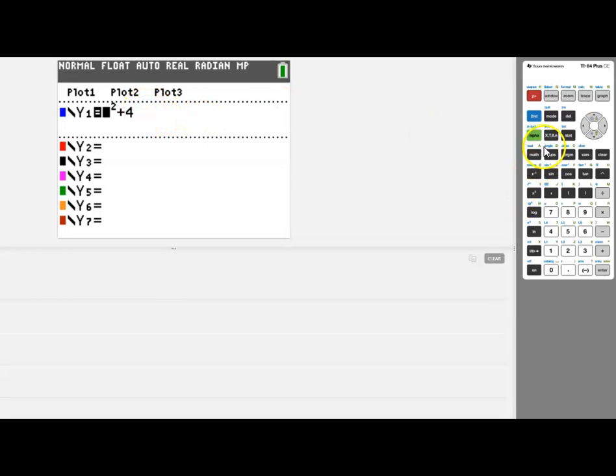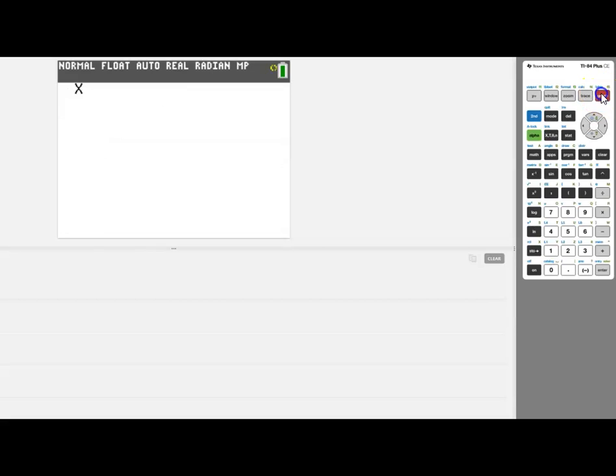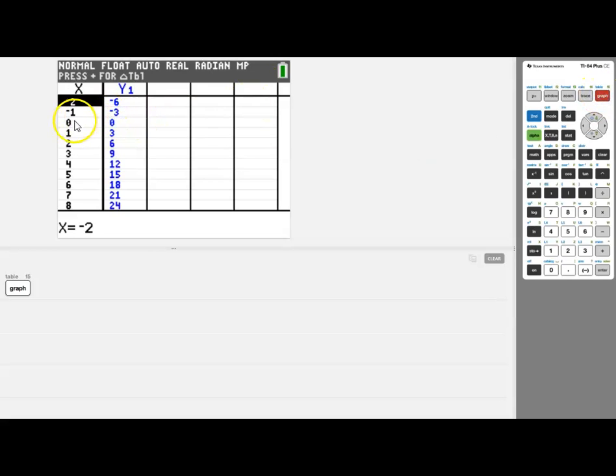We would want to clear this out, and I want to enter 3x. Now I want to look at a table of that, so I would go second graph. That gives me my table. Remember on our table we had 0, 0, 1, 3, 2, 6. So this is a table of those values, and that's what I need to plot.